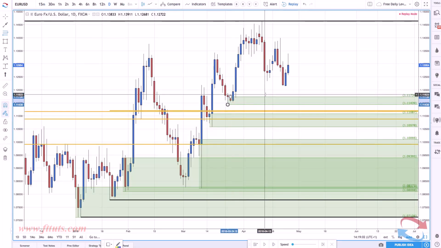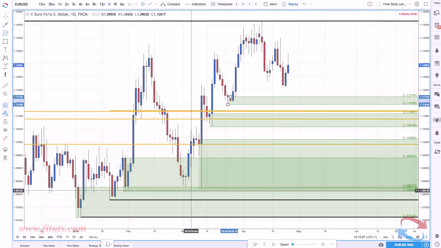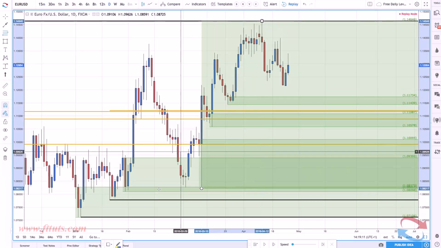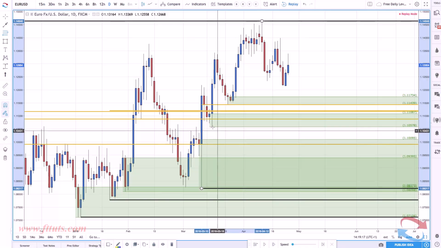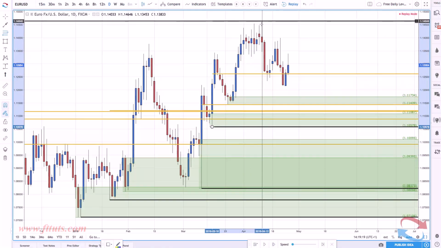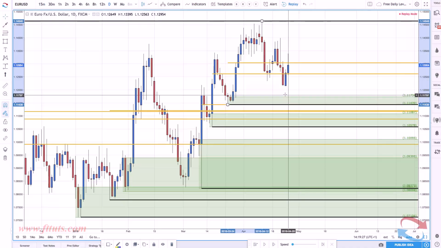Got a demand zone there. And then we put our value range tool from here to here, from here to here, and from here to here. So we're looking at our first area of value below these areas of fair value.